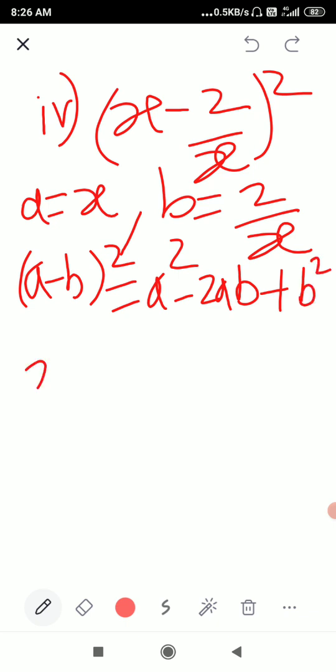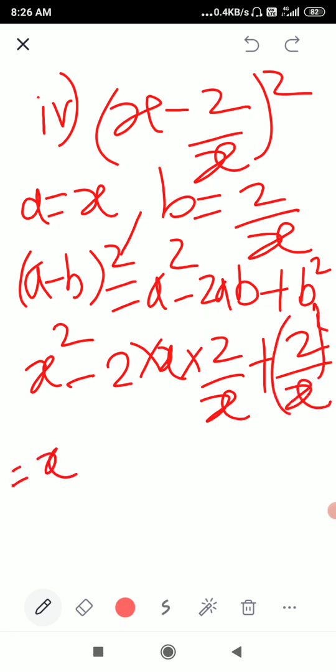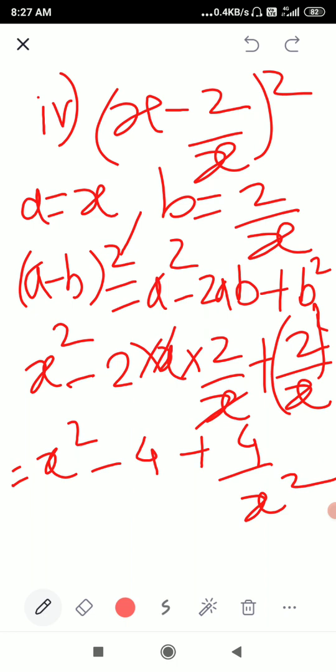Yes, a square means x square, minus 2 into x into 2/x. Now here b square means (2/x) whole square. So here x square, next this x gets cancelled, minus 4 plus 4/x square. So this is the answer of the fourth one.